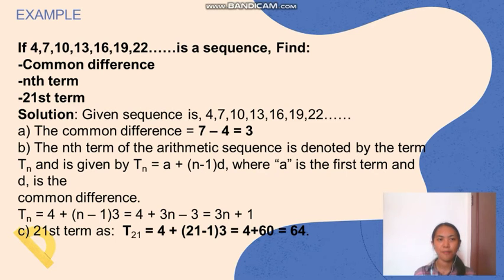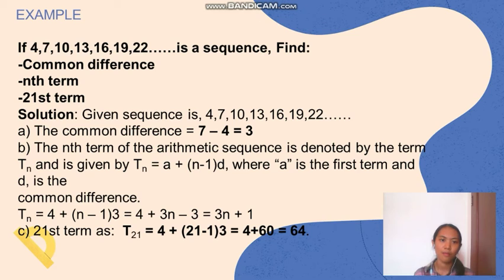Now we go to the example. If 4, 7, 10, 13, 16, 19, 22, and so on is a sequence, find the common difference, nth term, and 21st term. So the solution can be given: the sequence is 4, 7, 10, 13, 16, 19, 22, and so on. So the common difference is 7 subtract 4 equals 3.